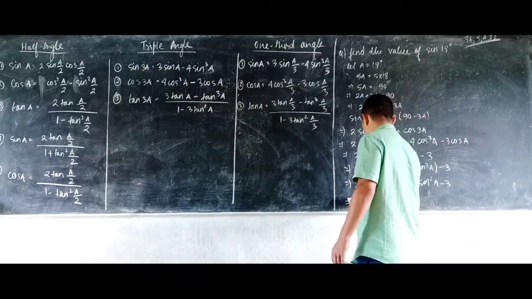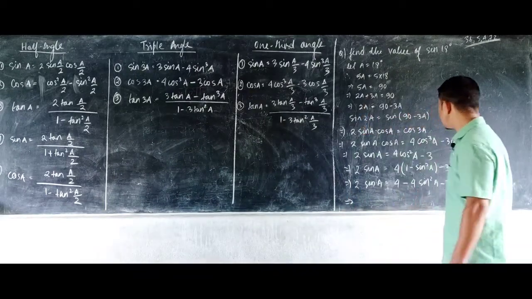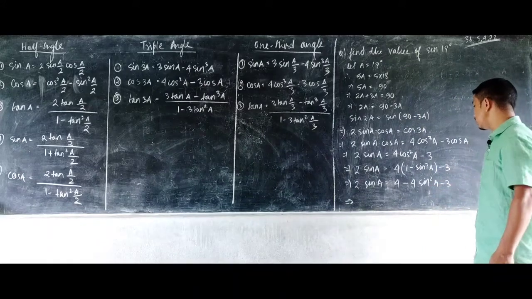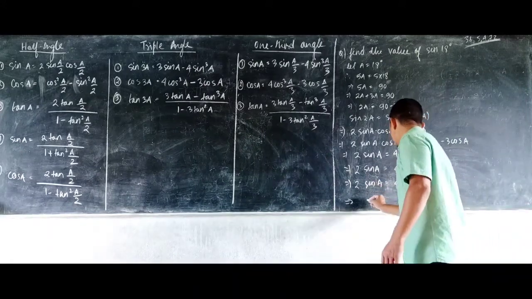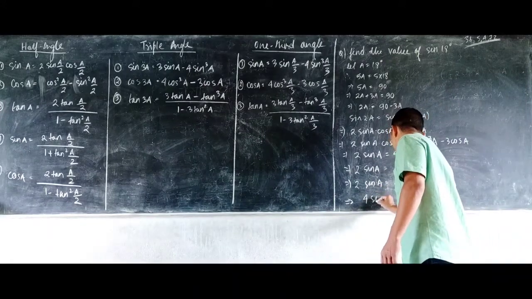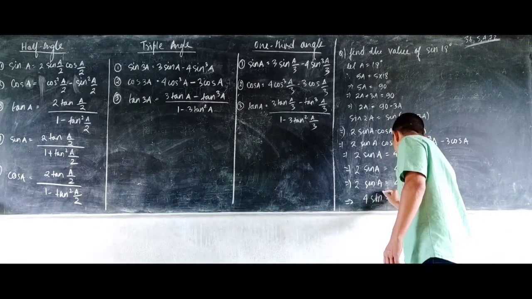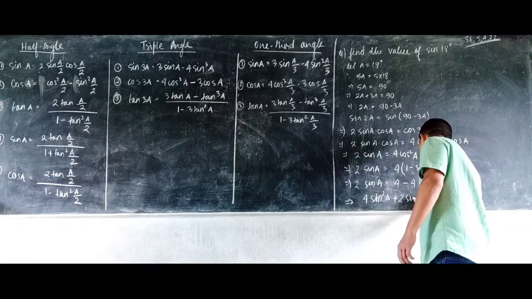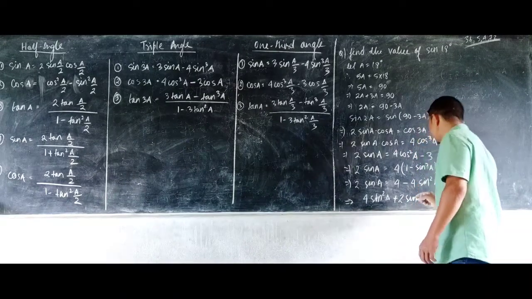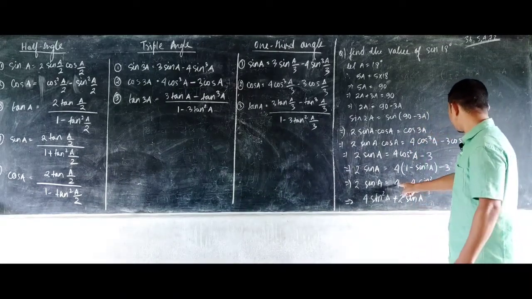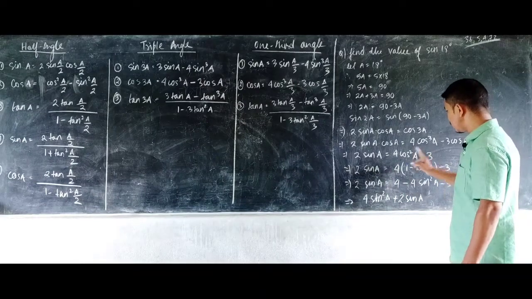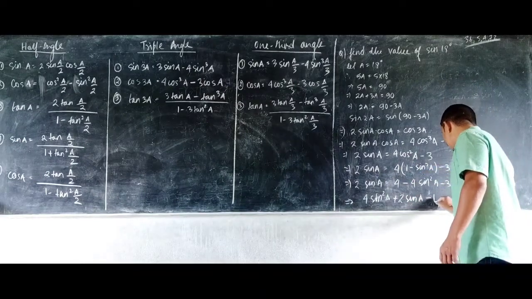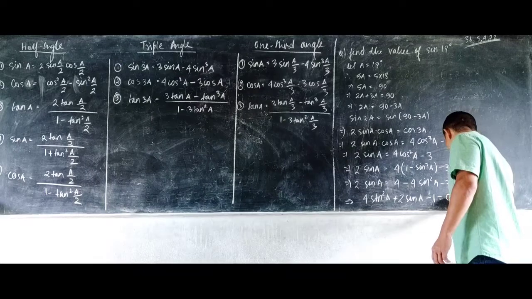So 2 sin A equals 4 − 4 sin² A − 3. Finally, arranging the terms to form the quadratic equation with sine as the variable, I take the sine terms to this side, so I get 4 sin² A + 2 sin A, and 4 − 3 is 1, so if I take it to that side, it becomes −1 equals 0.